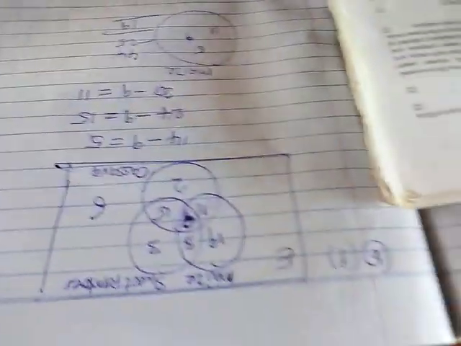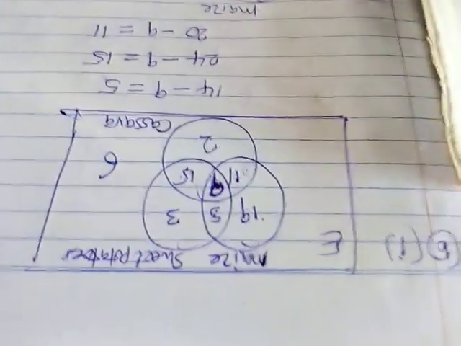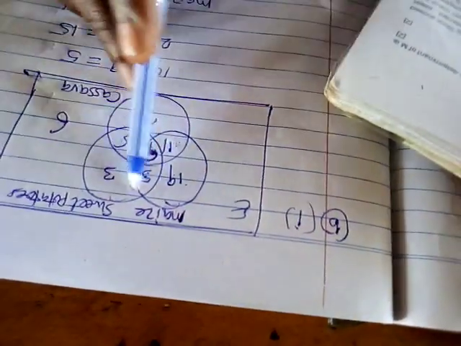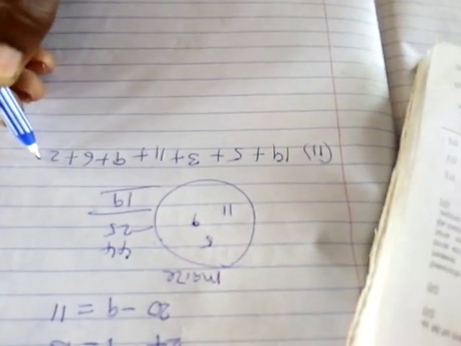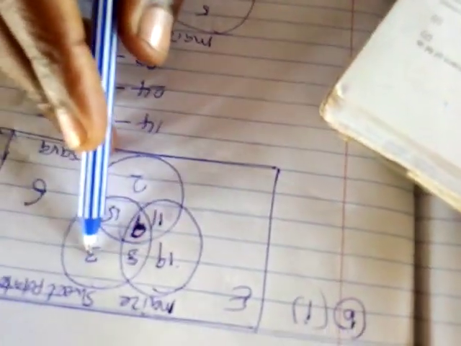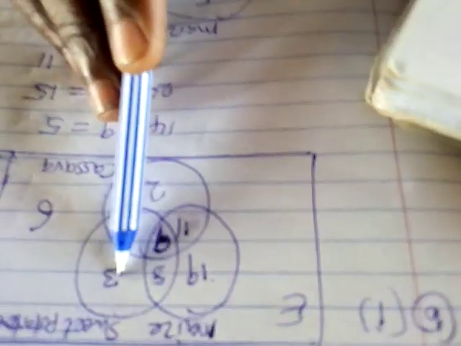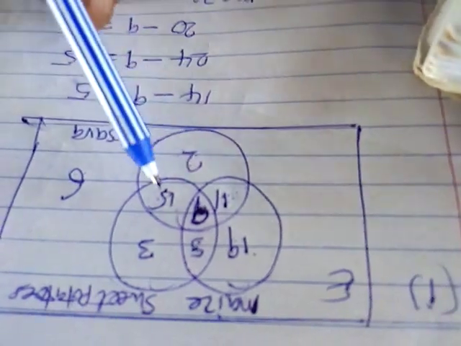So it's 19 plus 5 plus 3 plus 11 plus 9 plus 2 plus 15 plus 6.